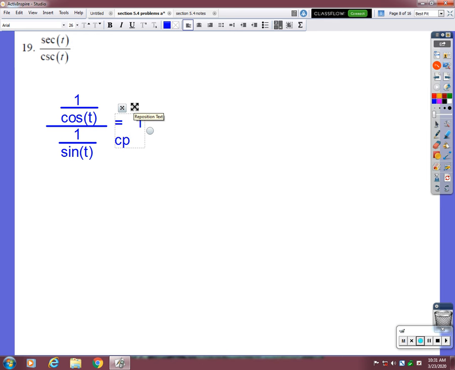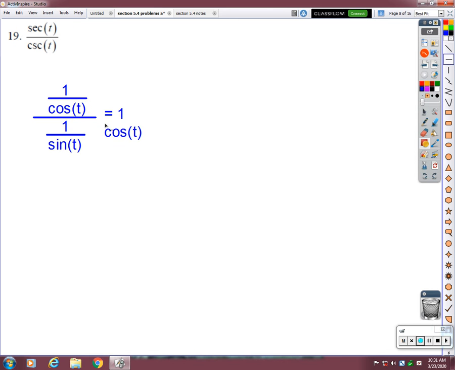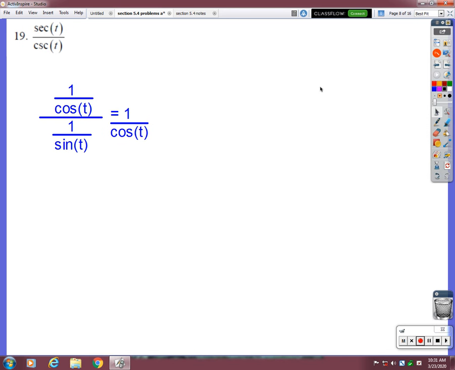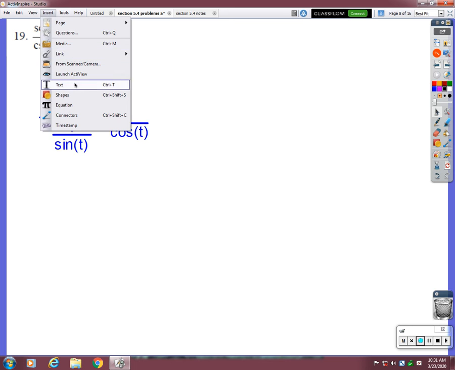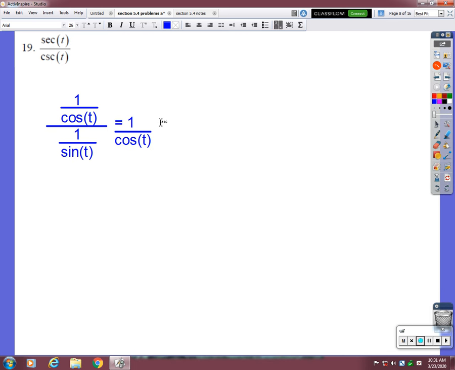So I'm going to take the top function, which is 1 over cosine t, and multiply that by the reciprocal of 1 over sine t, which would be, of course, sine t over 1.